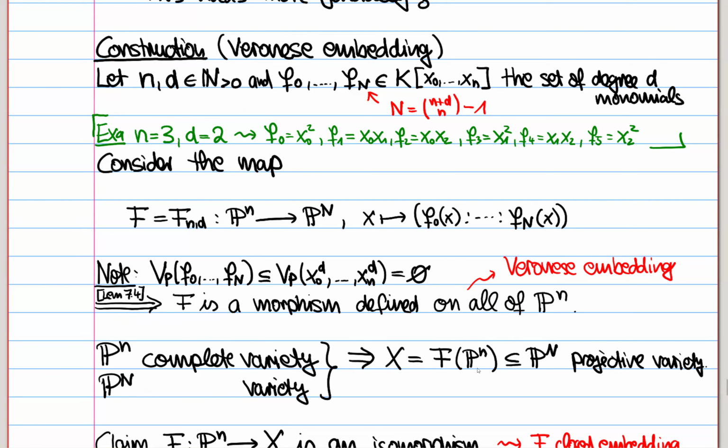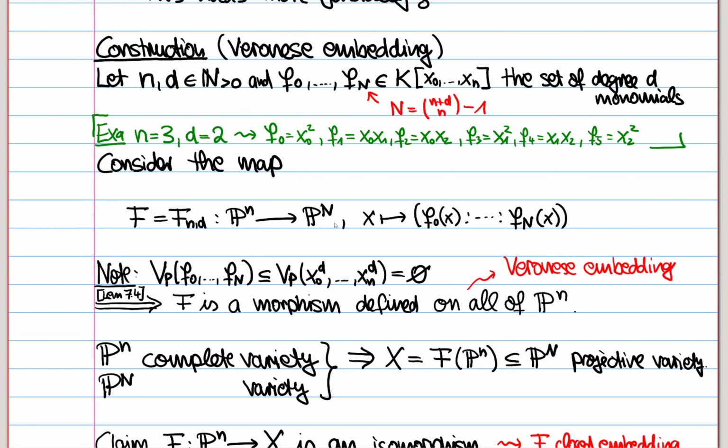And we can observe now, using the theory of complete varieties that we have seen before, that the domain of this morphism is a complete variety, and the target is also a complete variety. In particular, it's a variety. And then we know if you go from something complete to a variety, then its image, which we call X, is a projective variety. So whatever this map does, at least the image is closed inside the P big N.